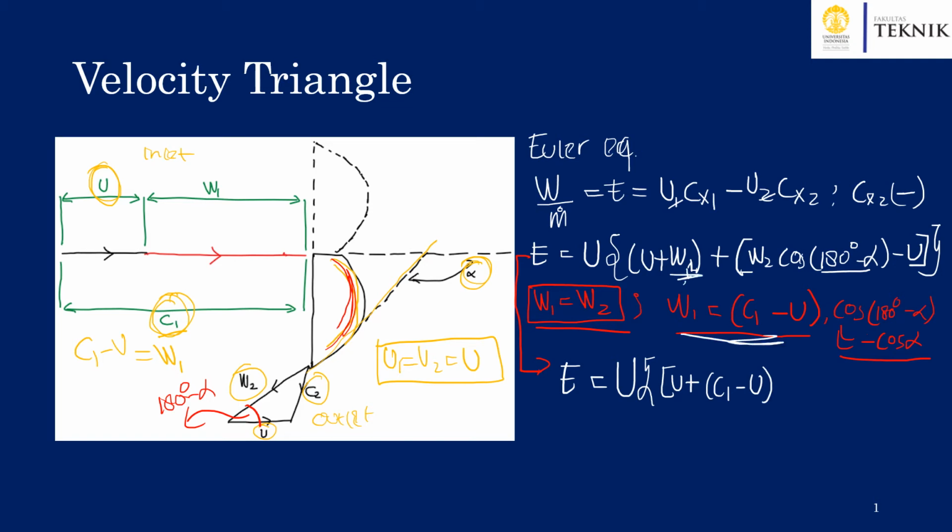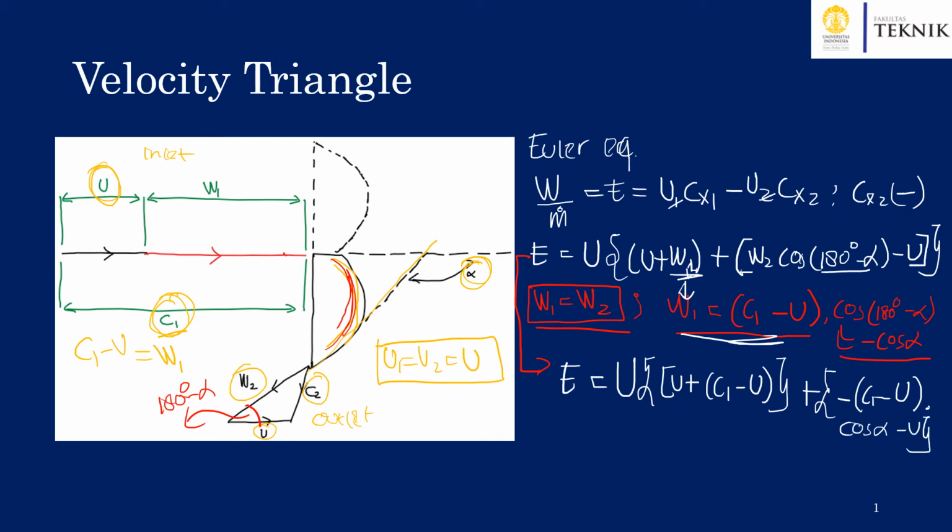We replace it with this, and then we also have plus the W2 component, and we know that W2 is equal to W1. Then we can write it down as minus C1 minus U multiplied with cosine of alpha, minus U.